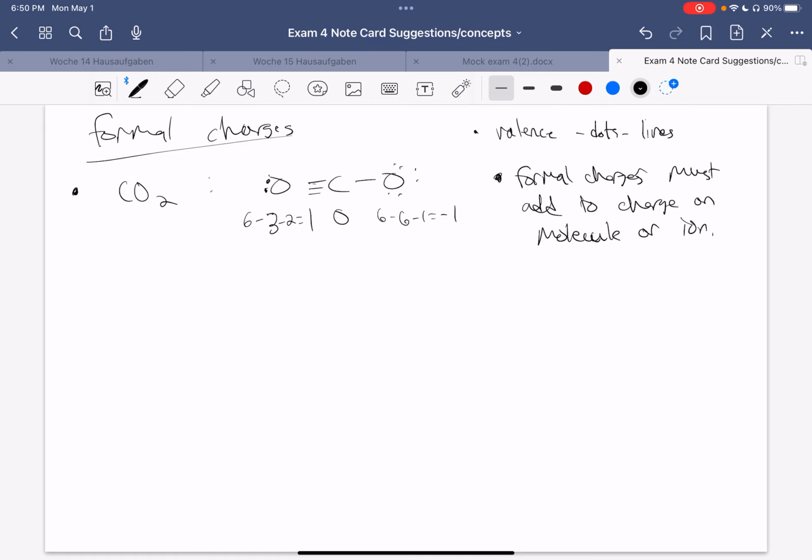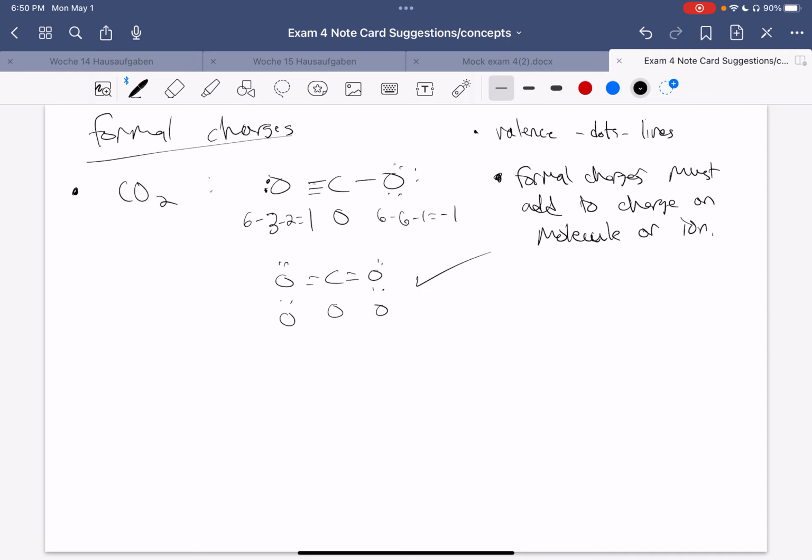CO2 is a neutral molecule, it doesn't have any charge, so that makes sense. But this Lewis dot structure isn't as optimal because we have formal charges other than 0. If we draw something like this, which is how you'd see it, this one has 0, this one has 0, this one has 0, and that's the best one we want.